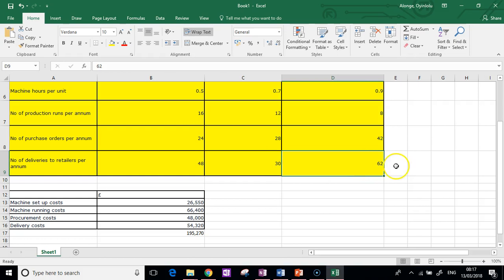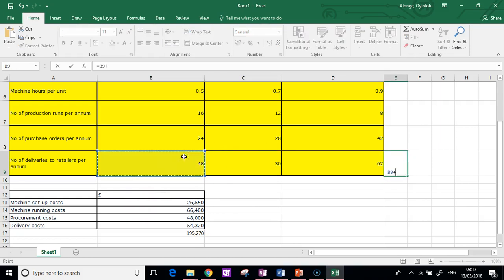What I should do is allocate this delivery cost to each of these based on the number that they have used. For example, if you said to me, how much in terms of deliveries has widgets used? Well, first of all I have to add all these together. So that's the total.